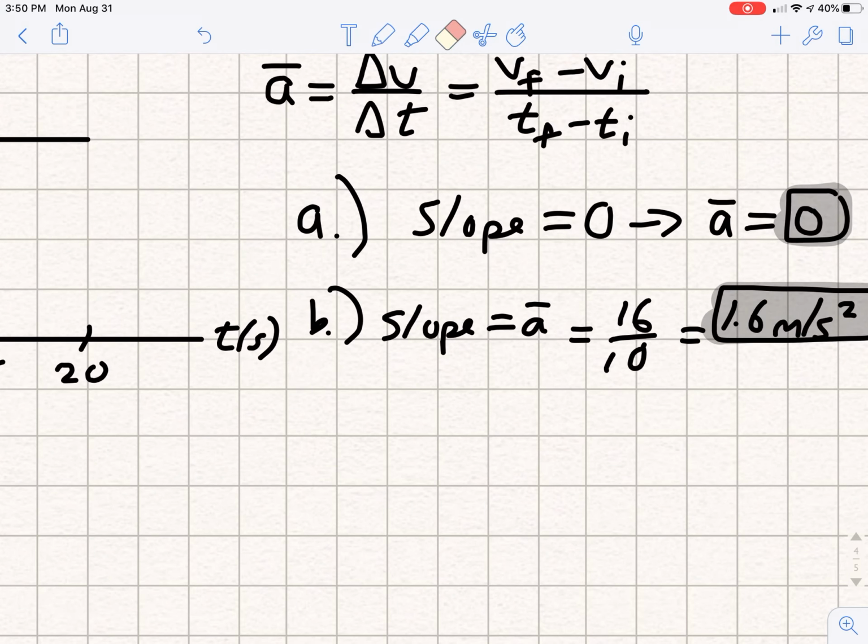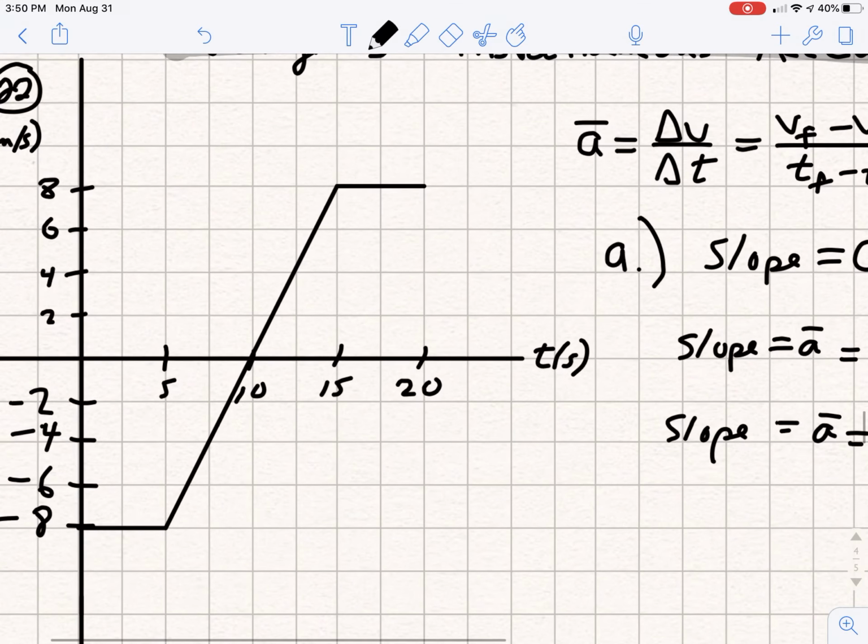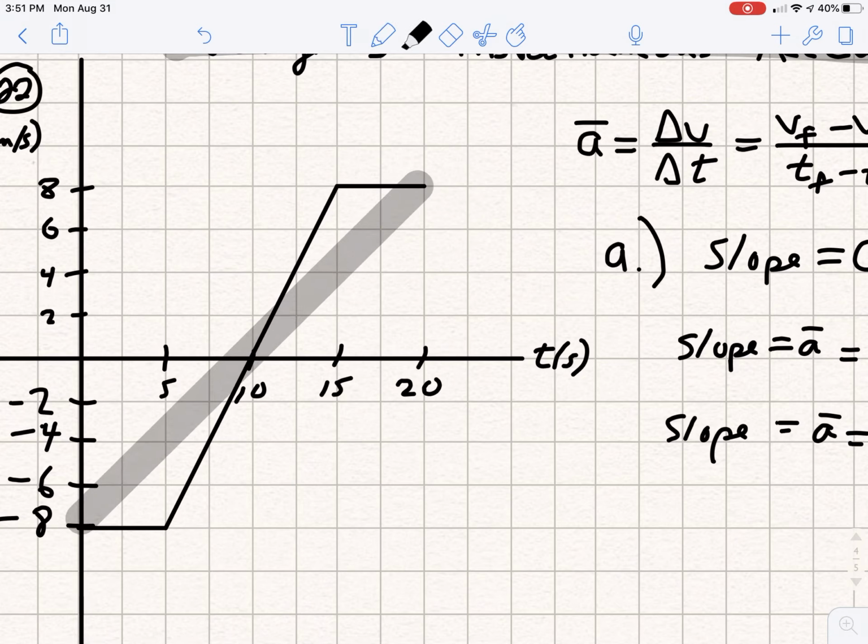Lastly, the third one, we want to find from 0 to 20 seconds. Now from 0 to 20 seconds, you kind of have to imagine an imaginary line going all the way up like this. Now, we have to take the slope of that line.